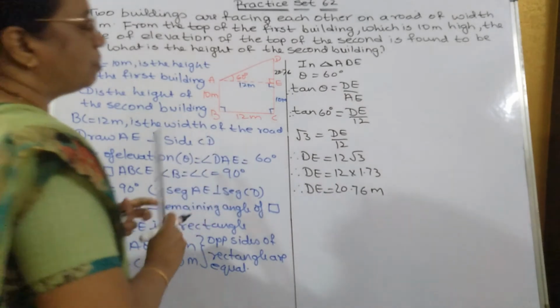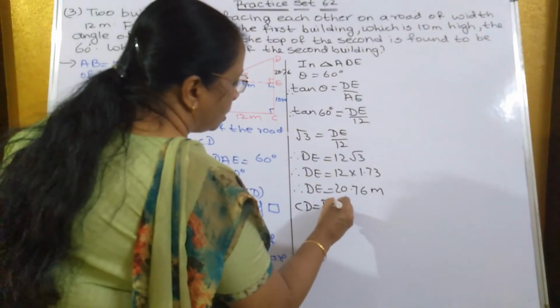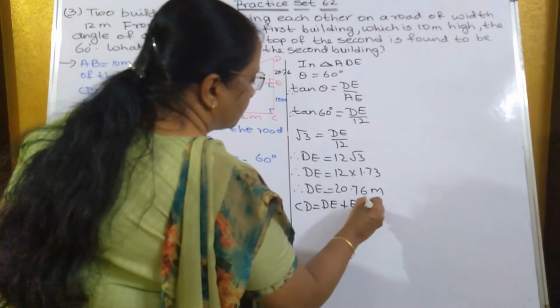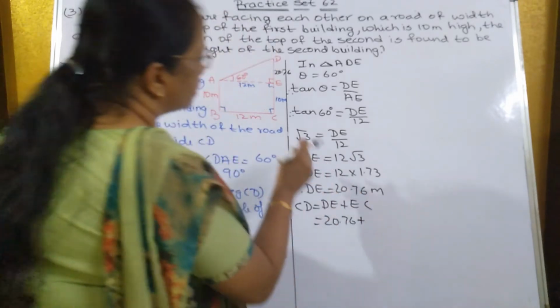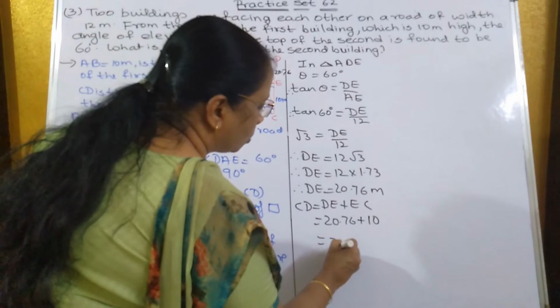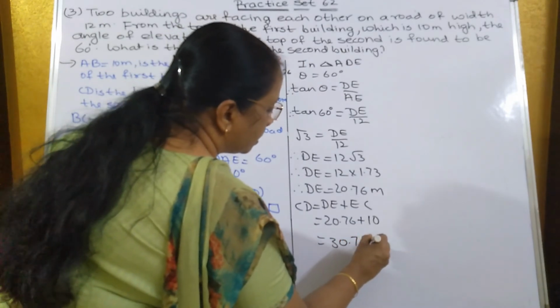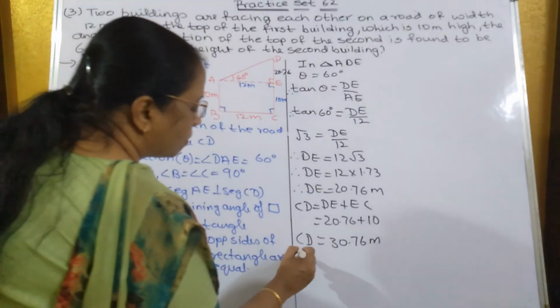So we can find out the full length of the building. So length of the building is how much? CD. So CD is equal to DE plus EC. DE we have got 20.76 and EC is equal to 10 meter. So that's equal to 30.76 meter. So CD is equal to 30.76 meter. So what's the answer?